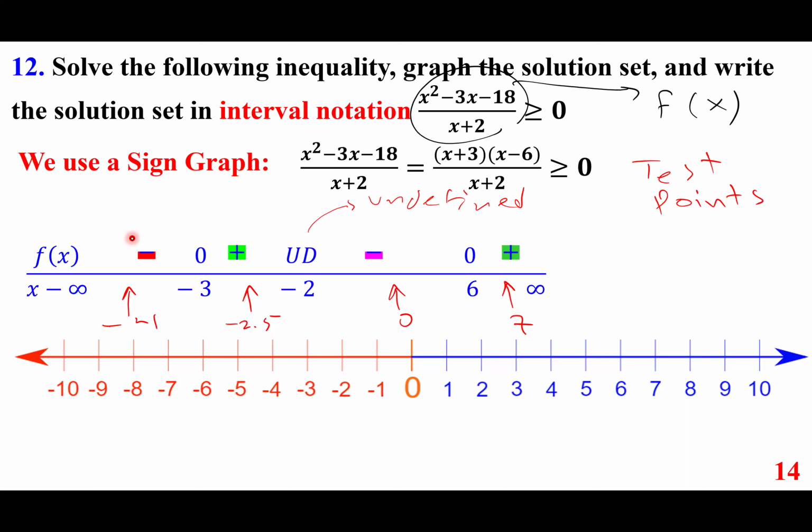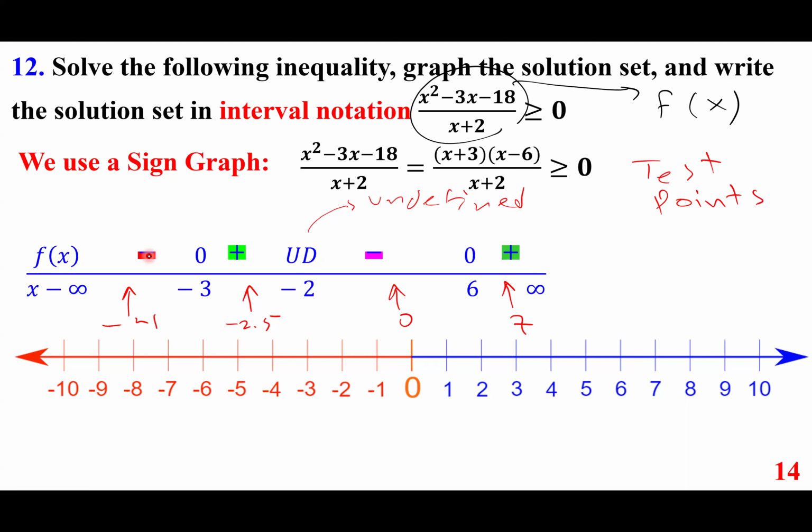Now, if I want to check, for example, if I put 7, it's easier to use the factored form instead of that. If I put 7 here, 7 plus 3 is 10, positive. 7 minus 6 is 1, positive. 7 plus 2 is 9, positive. Positive times positive over positive is positive. And you can work on the rest of it.